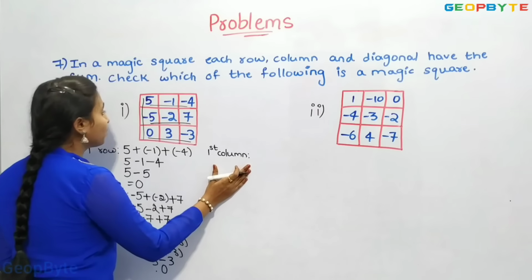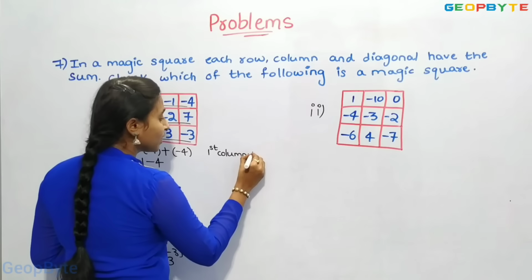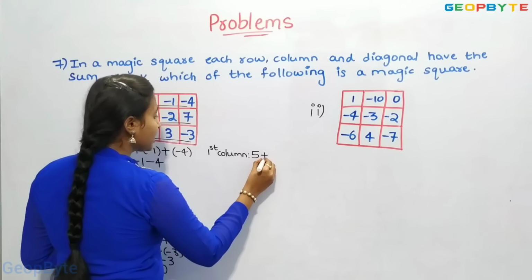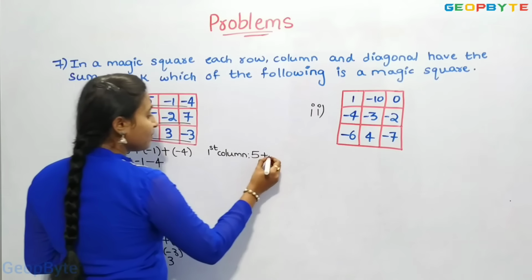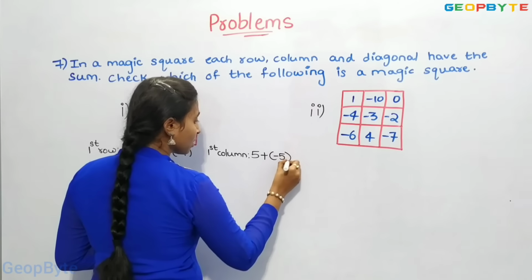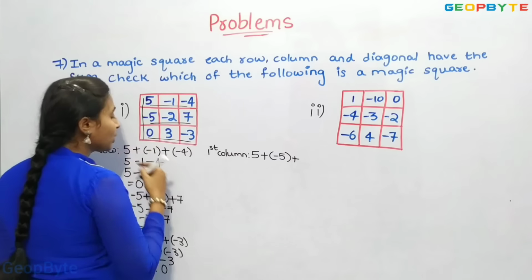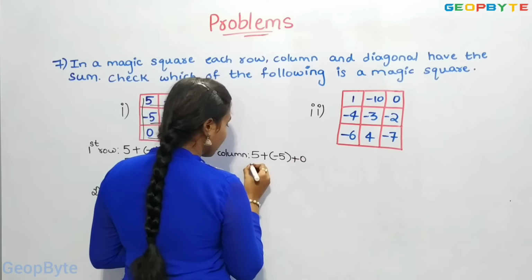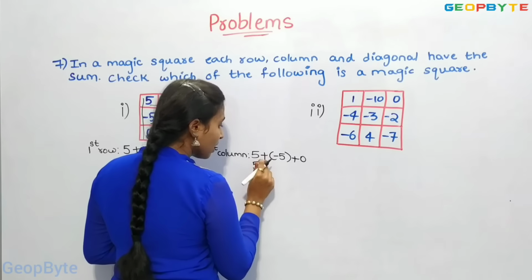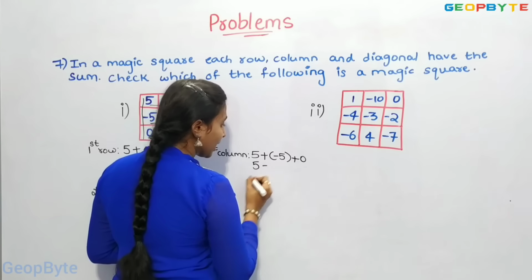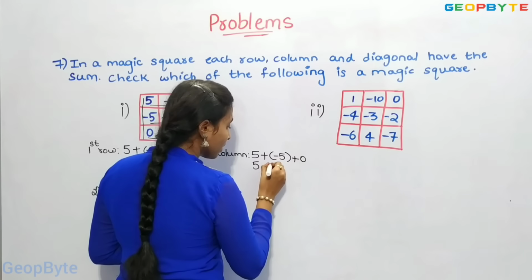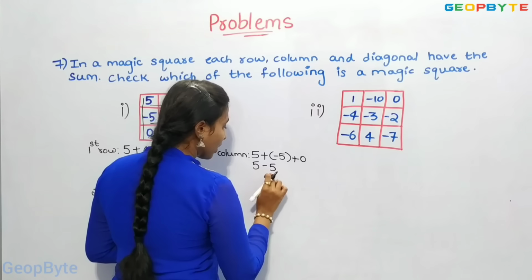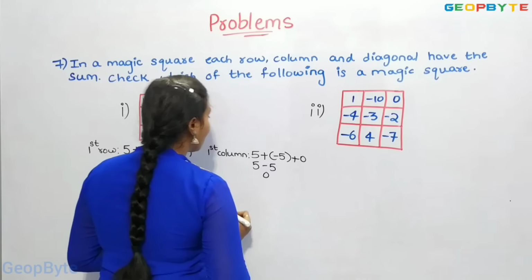In first column, we have 5 plus minus 5 plus 0. 5 plus into minus, minus 5. 0 is negligible. 5 minus 5, 0.